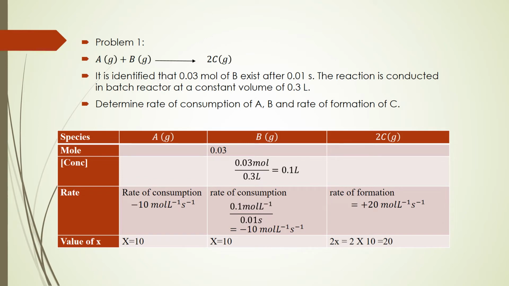Negative because A is being consumed, same as B. For column C, at the row of rate, it's called the rate of formation or rate of production of C. Now it's a positive 20 mole per liter per second. So this is how we can solve the problem if we are given the mole, the time, and also the volume for a particular substance or molecule.